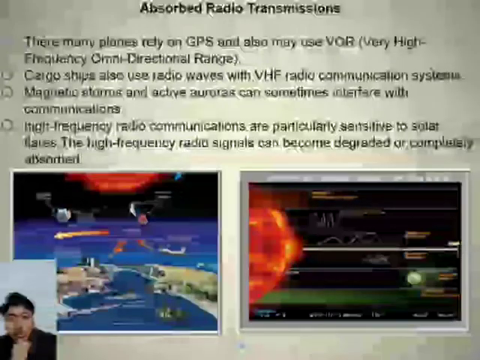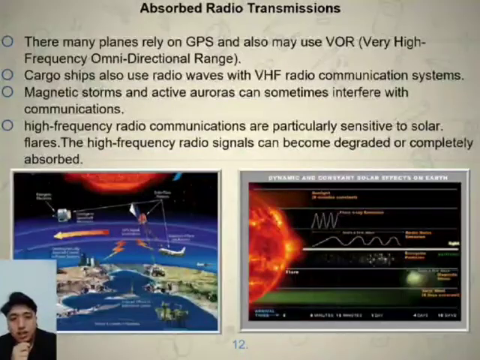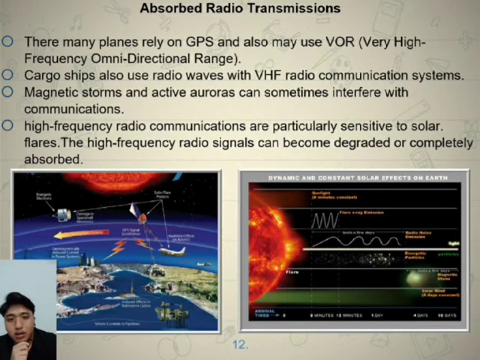Next, the effect of the aurora borealis is that it absorbs radio transmission. Many planes rely on GPS and may also use VOR, known as very high frequency omnidirectional range.